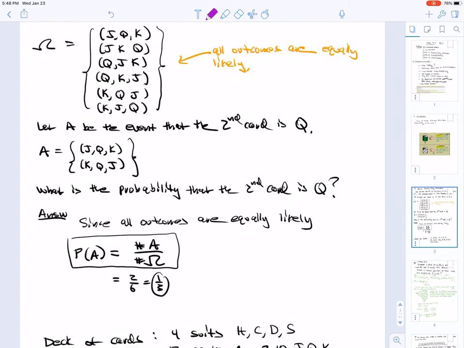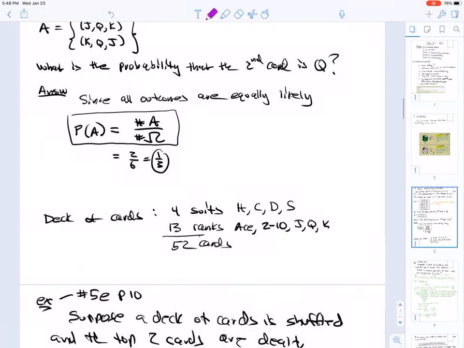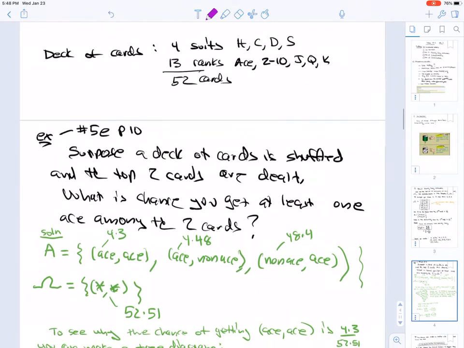So you can ask, what's the probability that the second card is a queen? Because all the outcomes are equally likely, the probability of A is the number of ways A can occur over the total number of possibilities. So that turns out to be a third. Remember that a deck of cards has 4 suits. Each suit has 13 ranks, so we have a total of 52 cards.